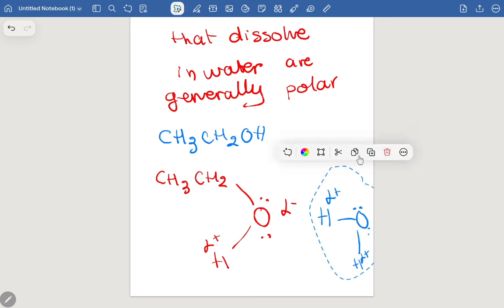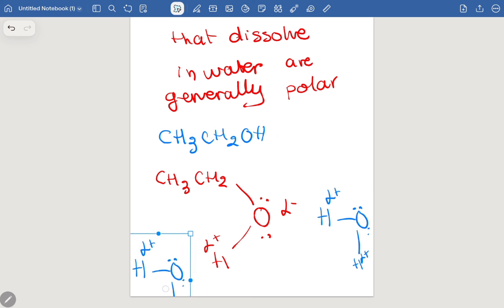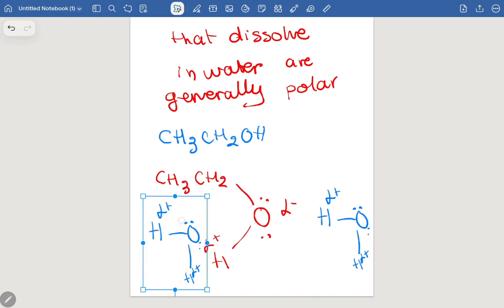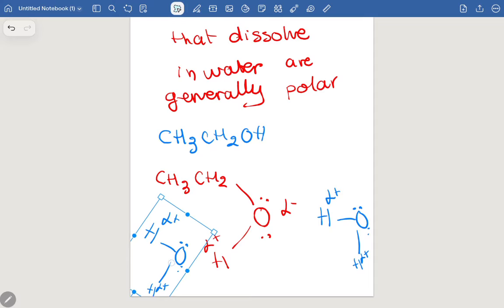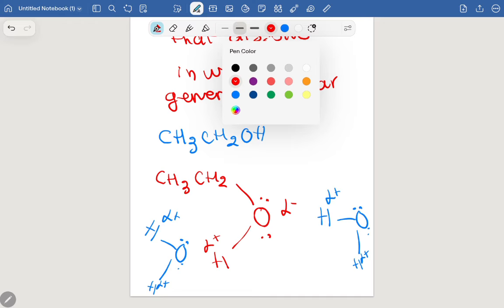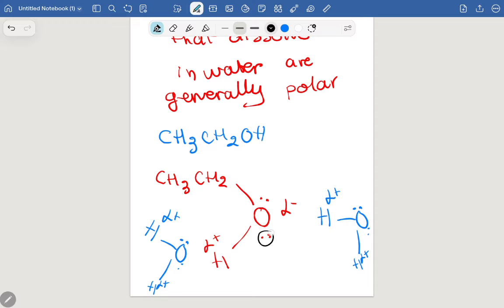Let me just rotate this. Over here, we will have the same exact scenario. So look what will happen now. What happens now is that this will form a hydrogen bond, and this will form a hydrogen bond, and due to this, it will dissolve.